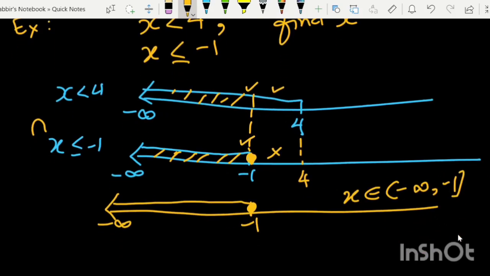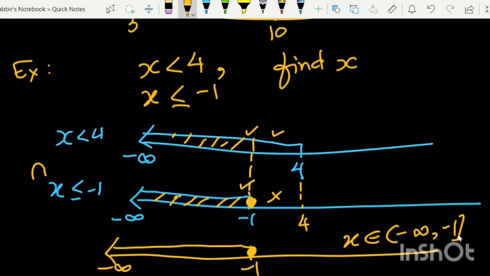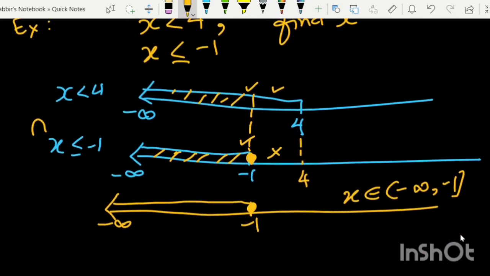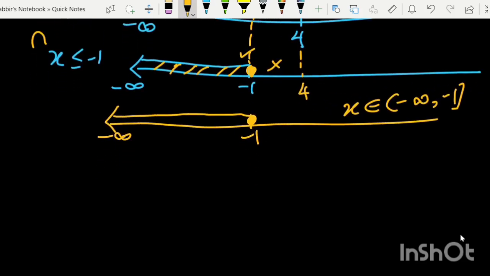Hope these examples gave you an idea of how to find the intersection of inequalities, because in many questions, the final solution has to be found by taking the intersection of them. So this is what we call the intersection of two inequalities.